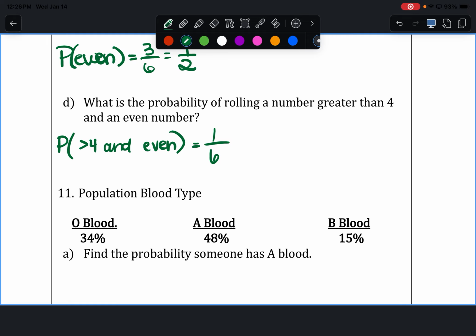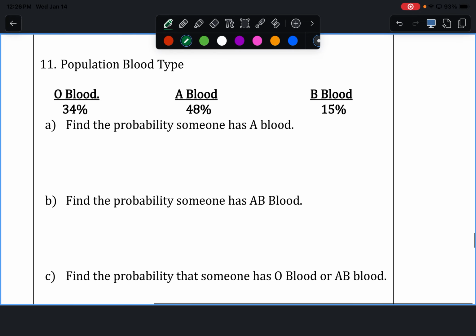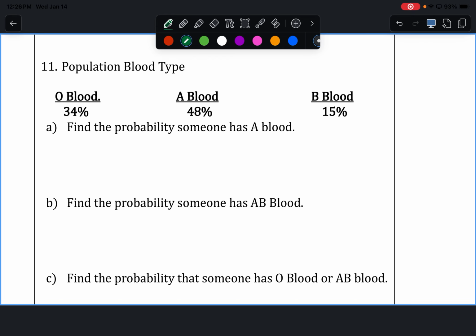Now we are given number 11. So question 11, okay, has 3 of the 4 types of blood, okay? It has O blood, A blood, and AB blood. Or no, it has O blood, A blood, and B blood. It does not have AB listed. So that tells me we're probably going to have to find AB, okay? But it gives it to us in percents.